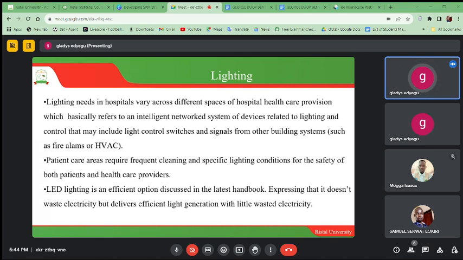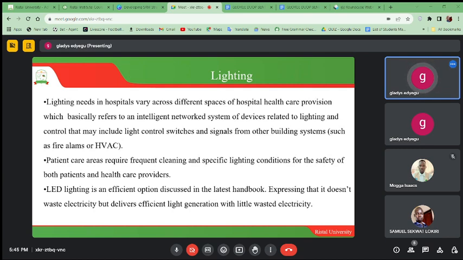It controls the way it lights, and we may have different kinds of lighting depending on the type of services we are supposed to offer. For light control, we need switches and signals from other building systems, for example the fire alarms or HVACs.